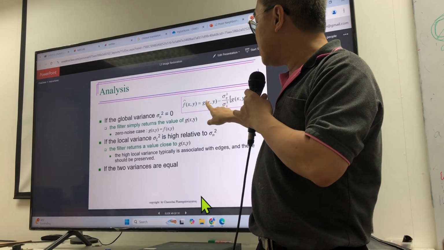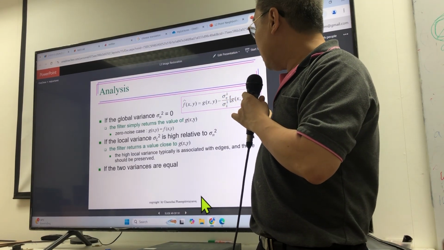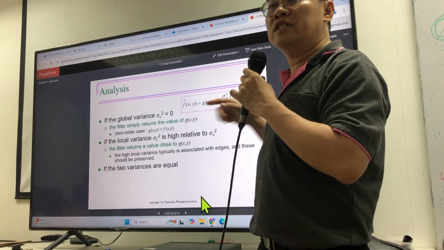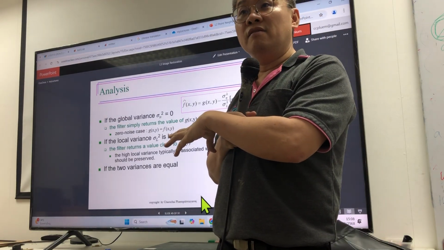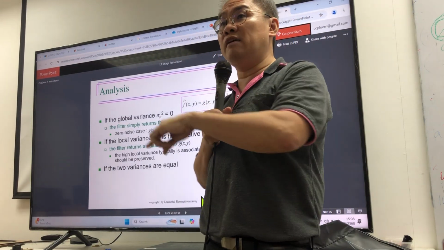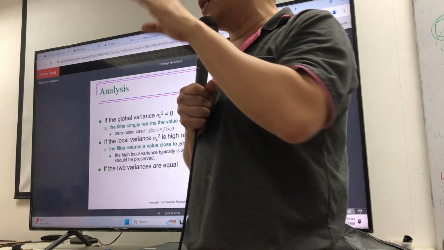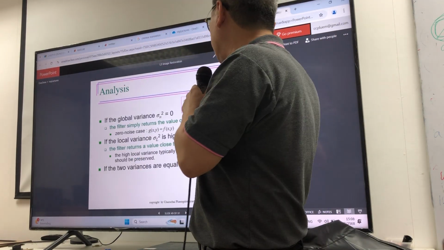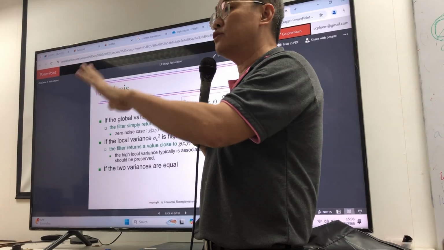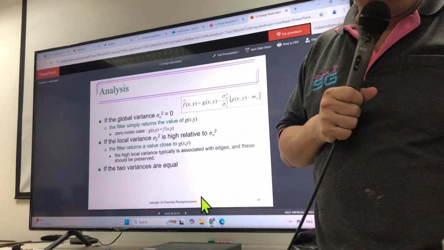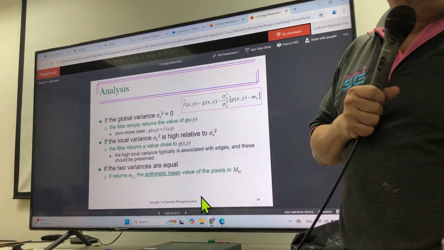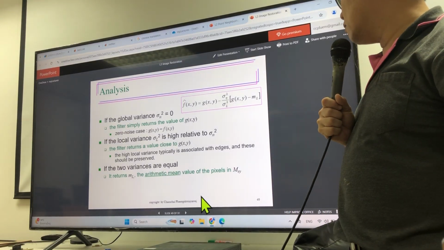If you get 1, you get G minus G plus ML. You return ML. So within that area, if you see just noise but not the edge of the object, you return the average. That means you get rid of the noise.